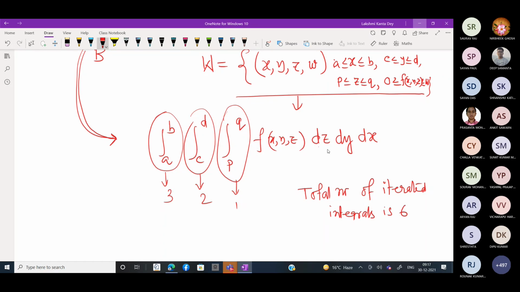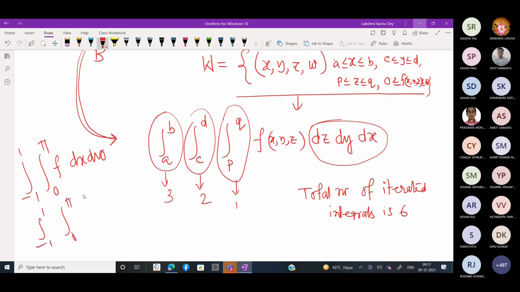Once we write in terms of iterated integrals, we have to be a little bit cautious writing dx, dy, dz. You cannot change that, like in the case of double integration. In double integration, suppose I am taking 0 to pi of some function f, dx dy. I cannot write the same thing as 0 to pi with dy dx.